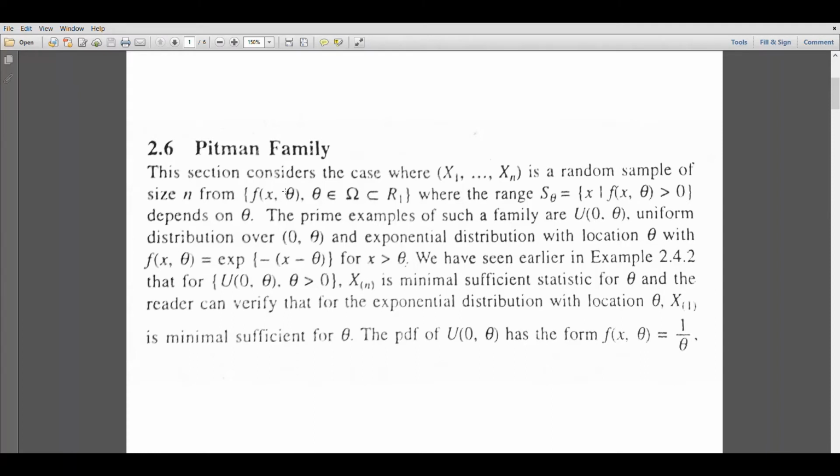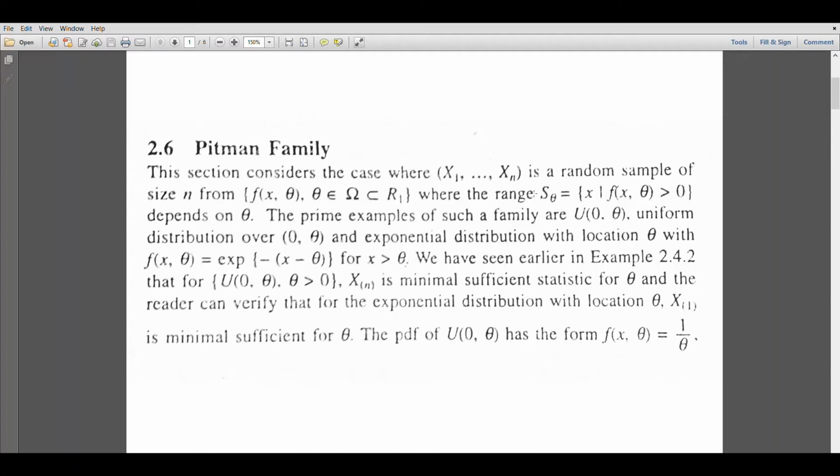Here f(x, theta) denotes the probability density function of a random variable, theta is the parameter, and Omega is the parameter space, which is the collection of all values that theta can assume, again a subset of the real numbers.